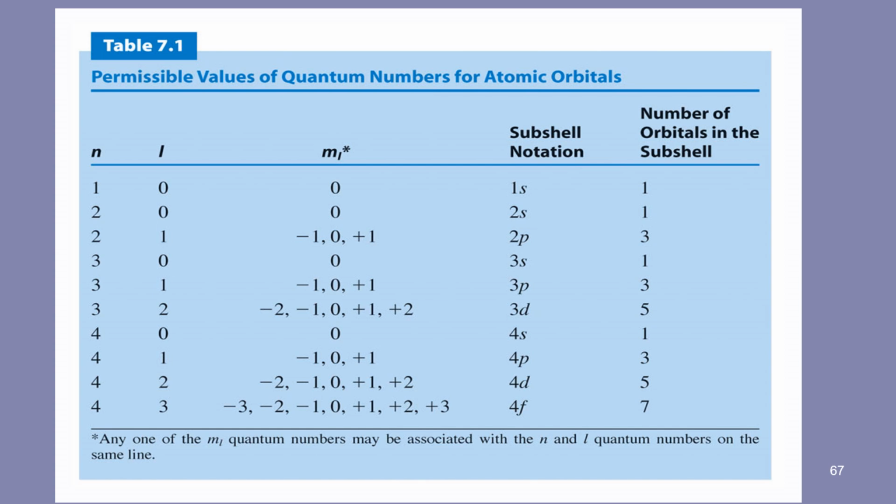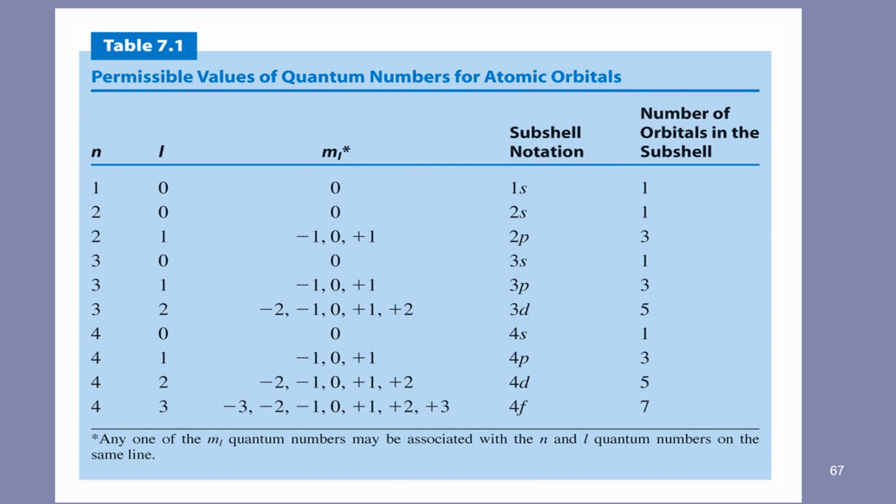So N can equal 1, 2, 3, 4, 5, etc. If N equals 1, L can only equal 0. M sub L can only equal 0. That means I'm in a 1s subshell, and that there is only 1 orbital in any s subshell.